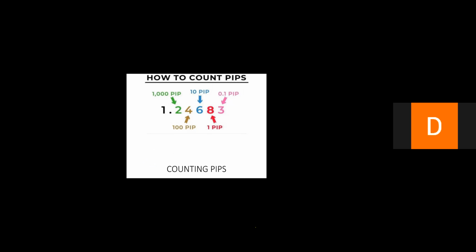The zero which we have added right now is the 0.1 pip movement. The third one, which is already there, is 1 pip movement. The 6, the third digit from the last, is 10 pip movement, and the 2, the fourth digit from the last, is 100 pip movement.